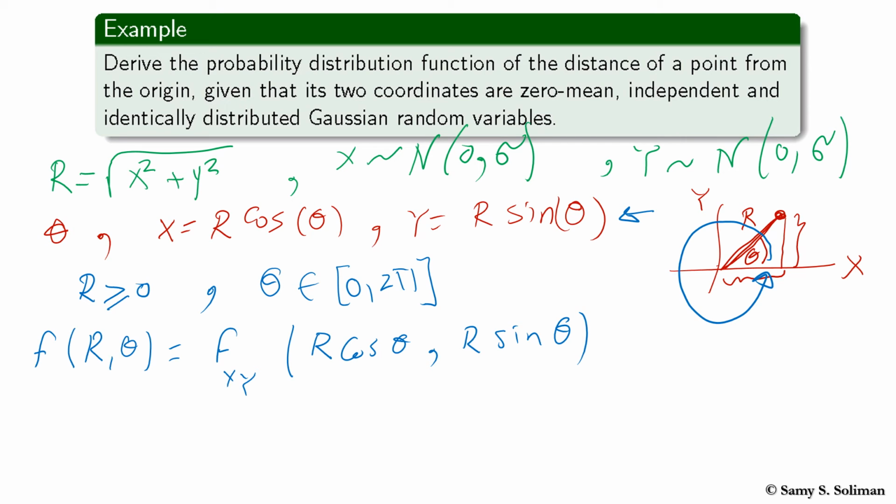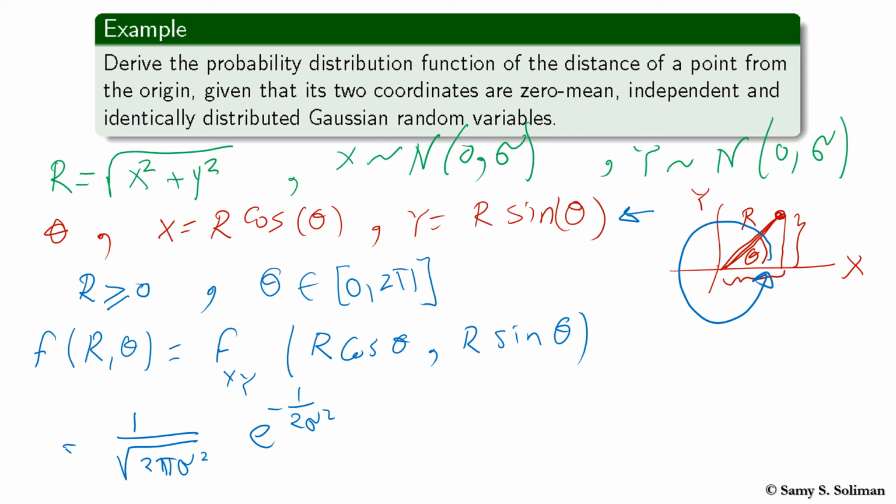As we mentioned earlier, both are Gaussian random variables, independent, so the joint distribution is the product of the marginal distributions. For x, it is 1 over square root 2 pi sigma squared, e power negative 1 over 2 sigma squared, x minus the mean squared.